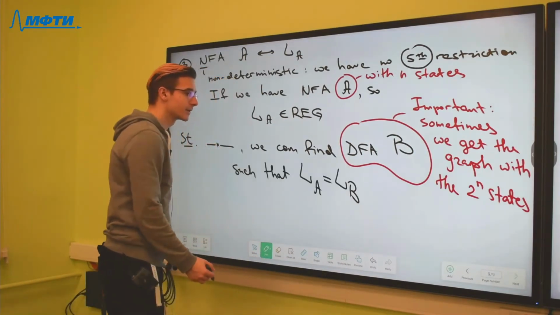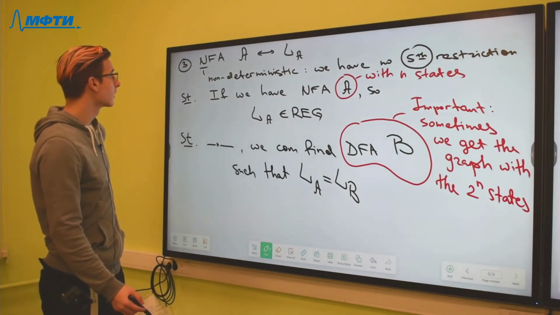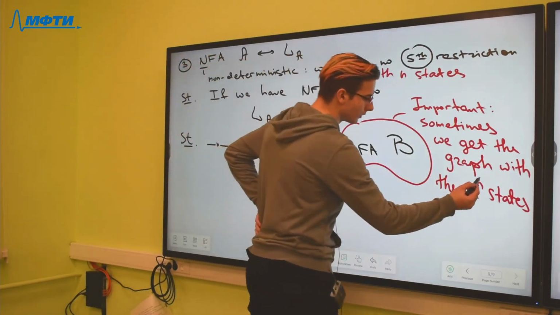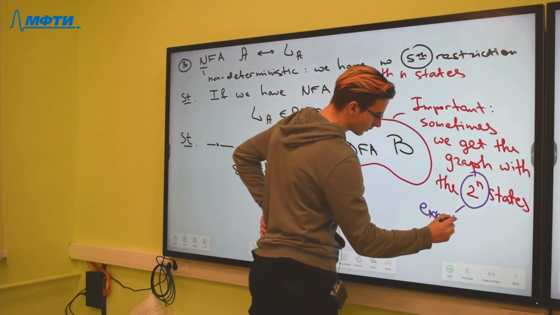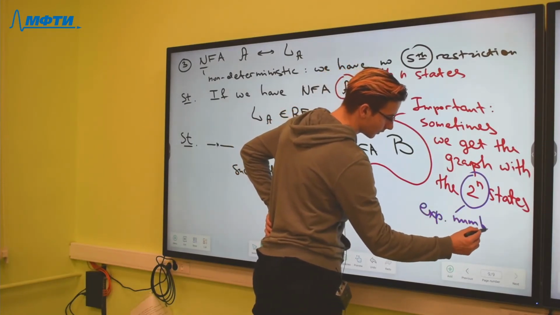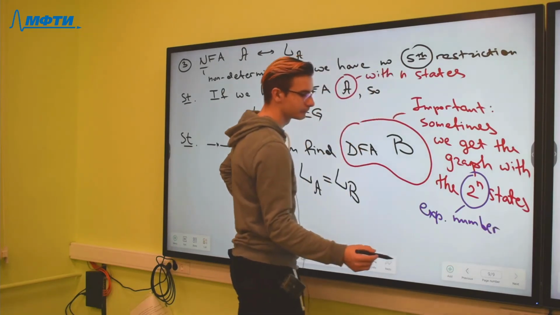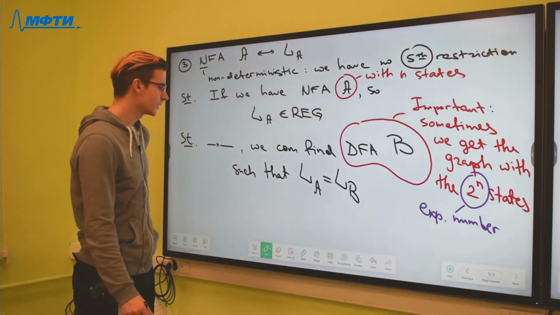So if we try to determinize some finite automata, we get an exponential number of states. And it is bad, of course.